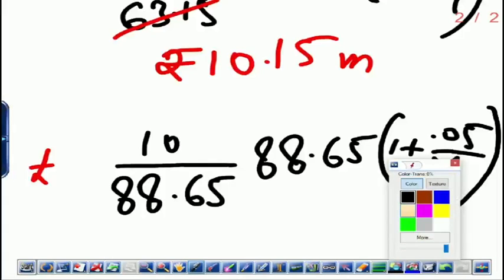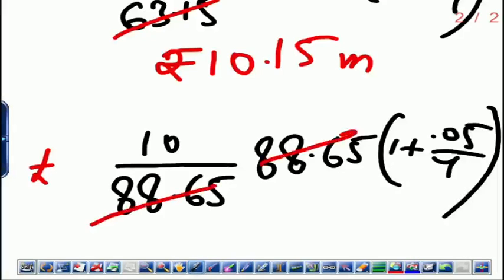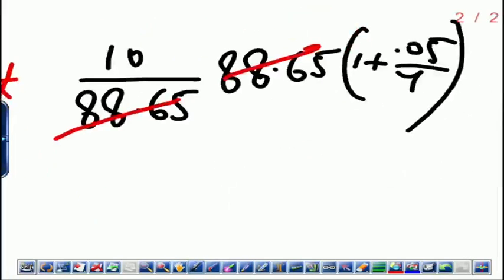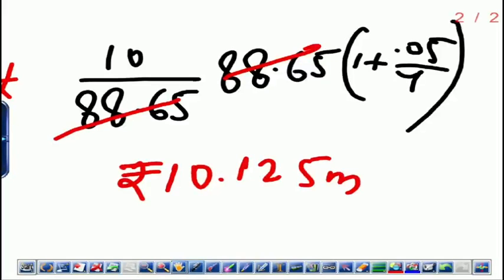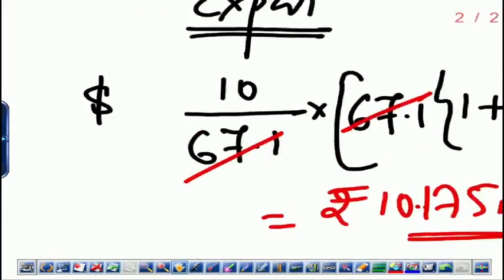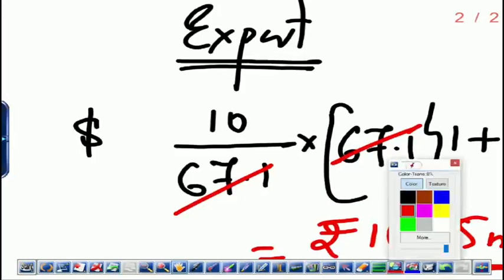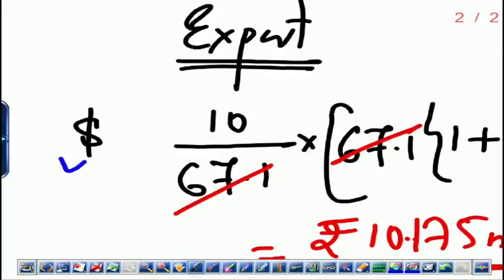Once again the spot rate cancels and we get 10 multiplied by 1 plus 0.05 by 4. This is coming to 10.125 million. So that's the worst one. So we should choose dollar invoicing for exports.